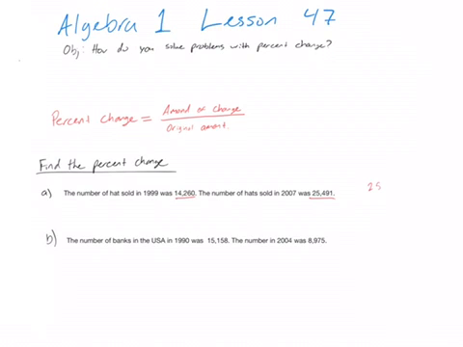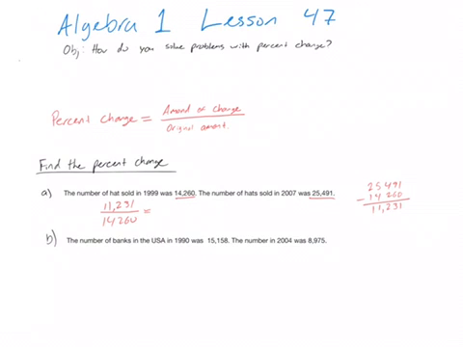So I'm going to say 25,491. I'm going to subtract how much I started with, 14,260. So it's going to be 11,231. So how much it changed over those years was 11,231. And I'm going to divide it by how much I started with, 14,260. Throw that in a calculator to divide that.